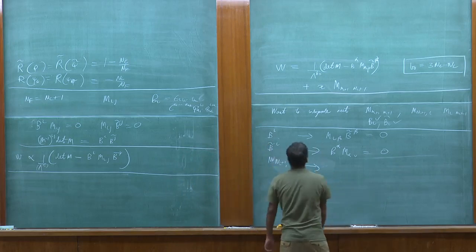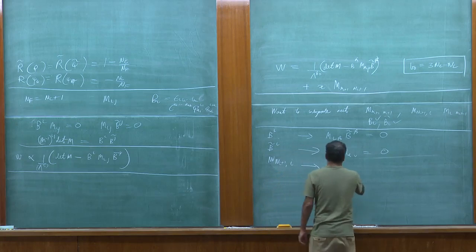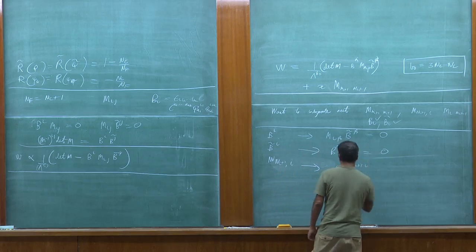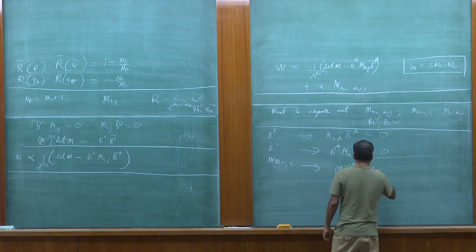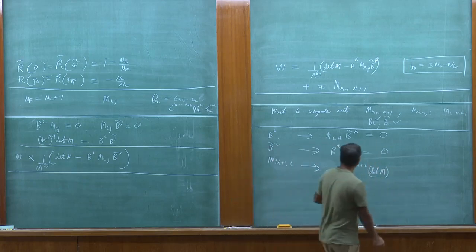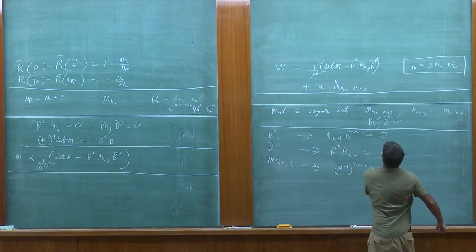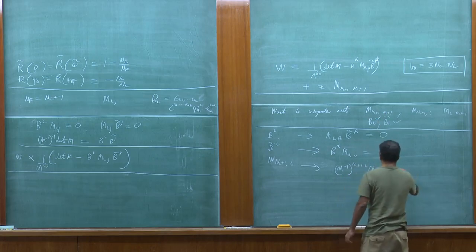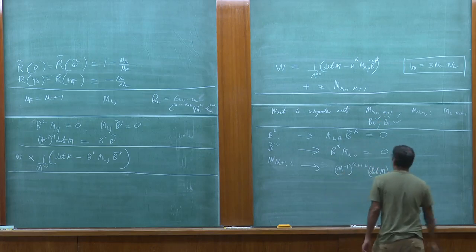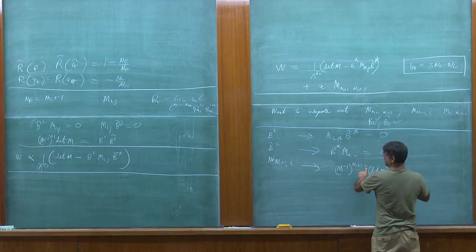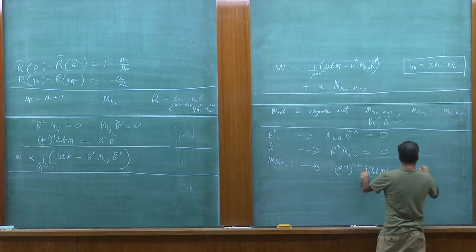When we vary the determinant of M, we get (M inverse)^{Nc+1, I} times det M. And when we vary this object here, we get B_{Nc+1} B tilde_I.